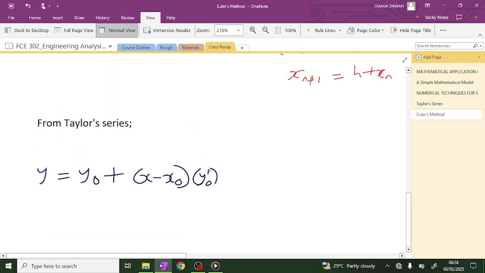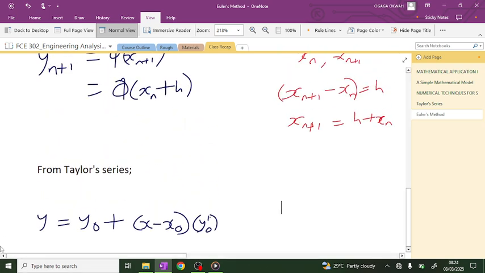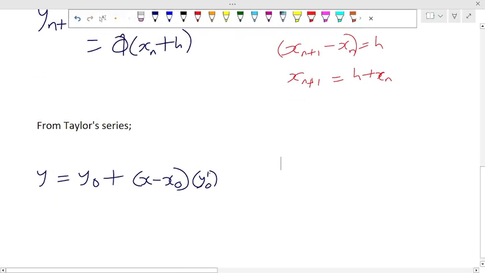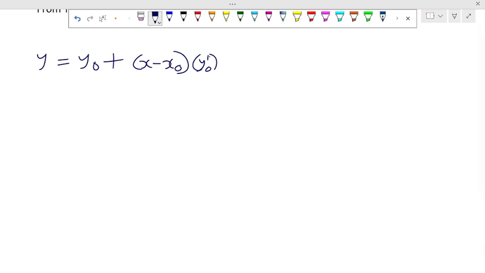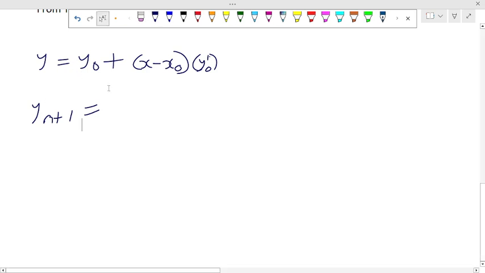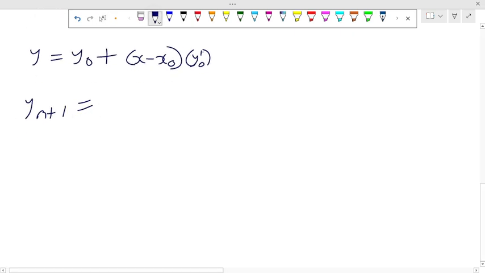That means we can say that the next value of y, which is y n plus 1, let me write that here. So y n plus 1, that's the next value of y, equals, now looking at this, y0 is what we see as the previous value of y, or let me just put this thing which we have said already as a solution.